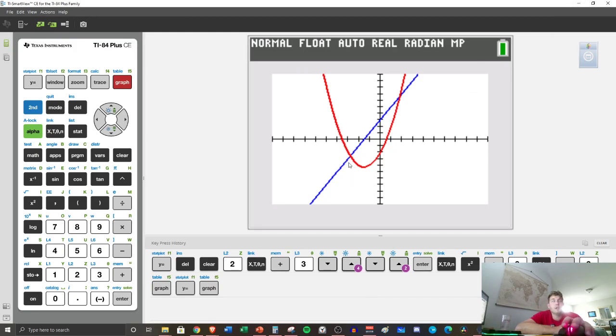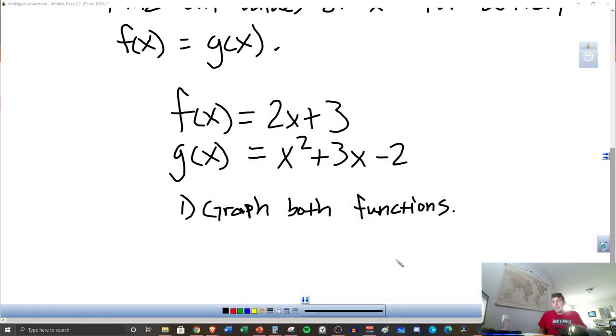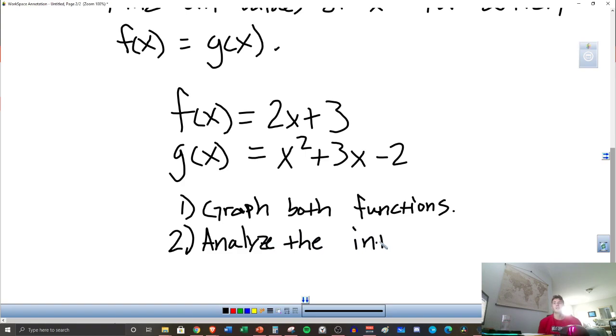So we need a way to actually interpret this on the graph. So let's go ahead and write down this: analyze the intersection points on the graph.